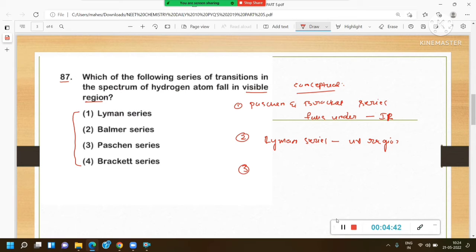The third one is Balmer series. It falls under the visible region. So according to the concept, the visible region falls under Balmer series. So 2 is our correct answer.